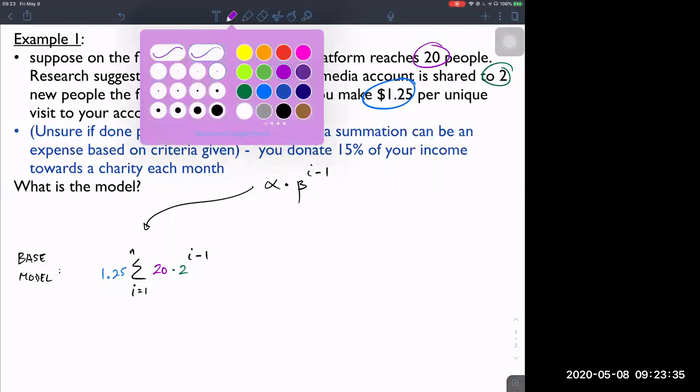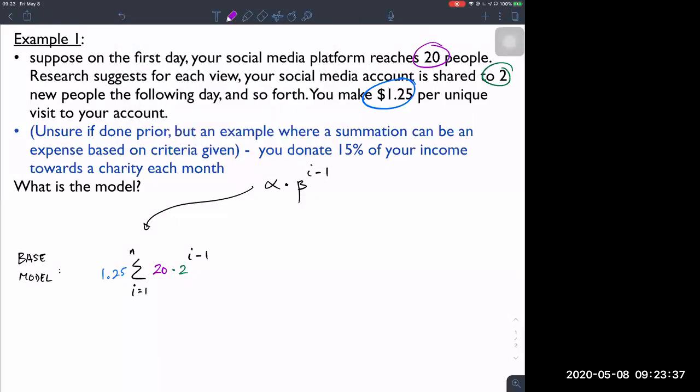You can always read where the 20 people, I always say first day, those are always aligned, right? And you know that the growth, no matter whether it's the first sentence, the second sentence, the third sentence in a bullet, I always talk about how the research suggests that's for one, and how it is shared. If it's shared, that means it's growing to new people the following day.